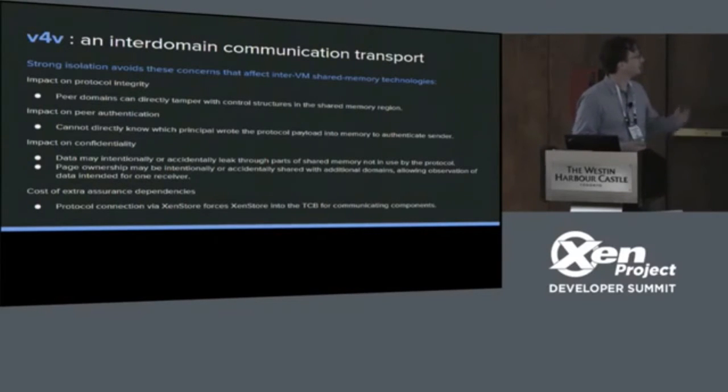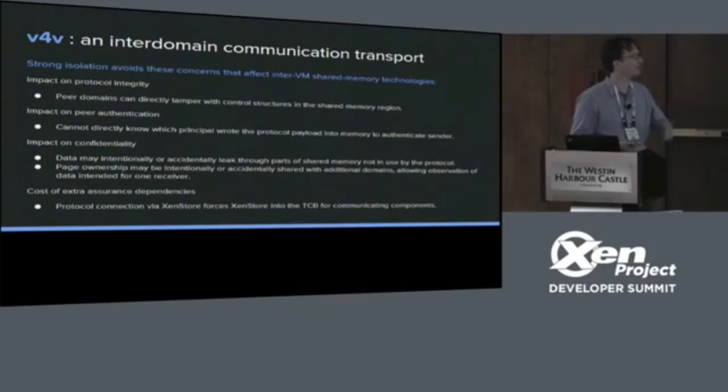So just to run through this, in a shared memory system, you might have peer domains directly tampering with the ring indexes in order to try and confuse the communicating domain on the remote side. With a shared memory implementation, you can't necessarily know which principal wrote the payload into memory.